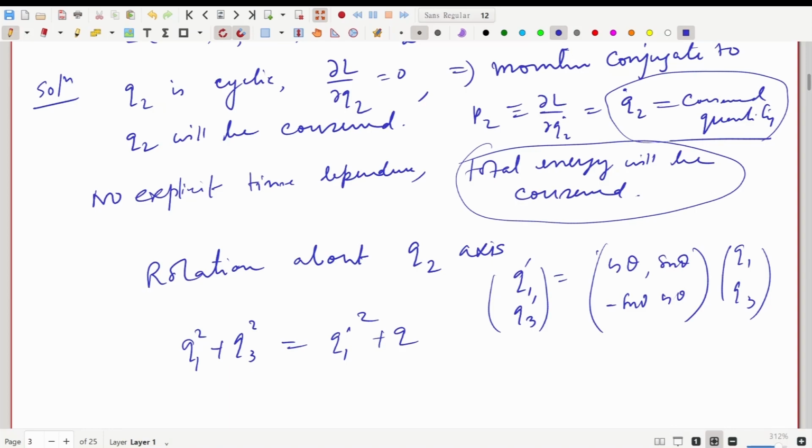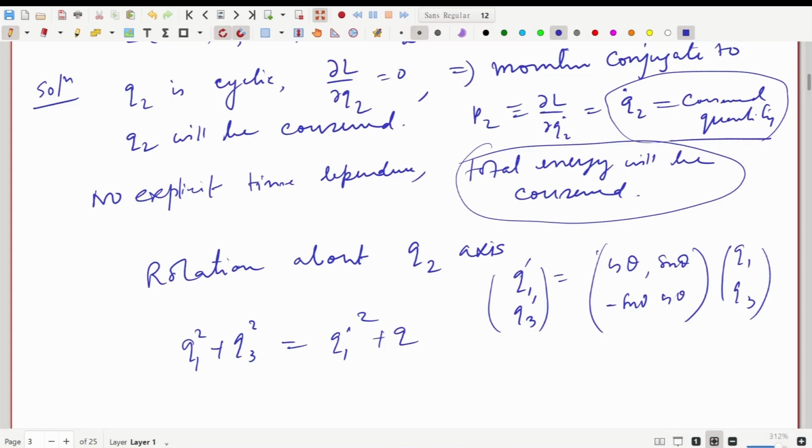Okay. So if you have a rotation, you have to check whether there is any rotational invariance in this system or not, and we can very easily see that this Lagrangian is invariant if we perform a rotation about the q2 axis.